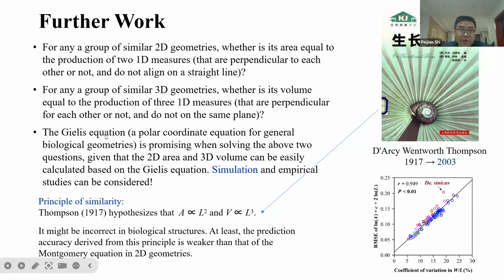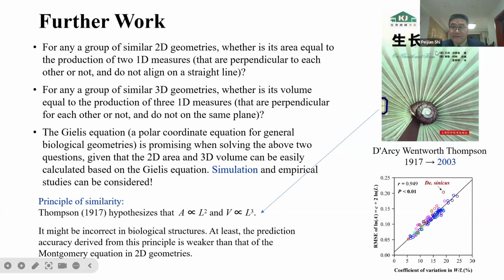The Gillis equation, namely a polar coordinate equation for general biological geometries, is promising for solving these two questions, given the two-dimension area and the three-dimension volume can be easily calculated based on the Gillis equation. Simulation and empirical studies can be considered in future.